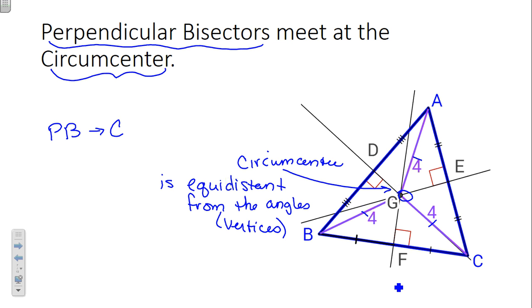Cut the sides in half using perpendicular lines, and the point formed is going to be the same distance away from all the vertices. So far, so good? All right.